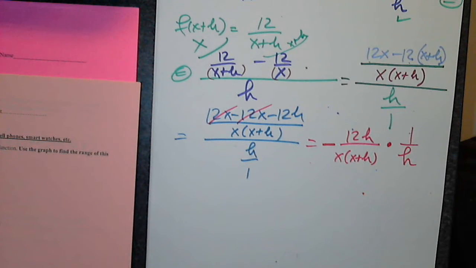All terms at the top that do not have h must cancel out, go away, awesome. And the final thing that has to happen for all difference quotients and for any function you want, the h in the denominator must go away. Okay, so the first requirement is done.